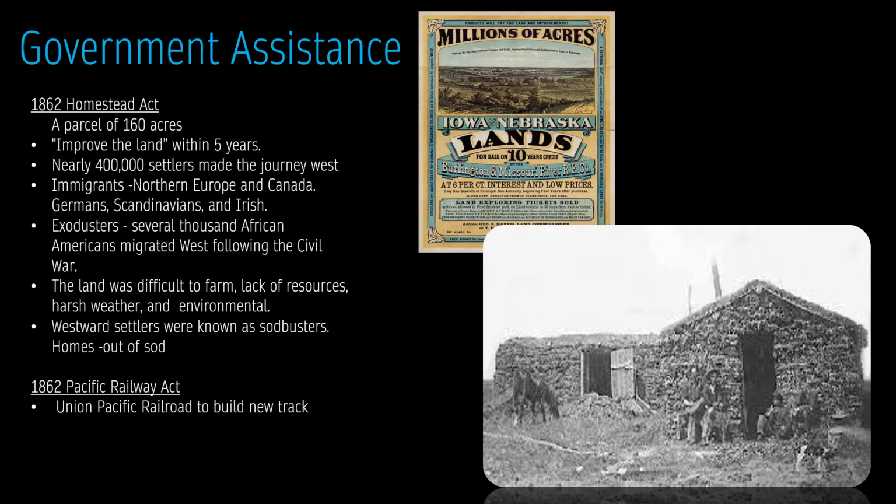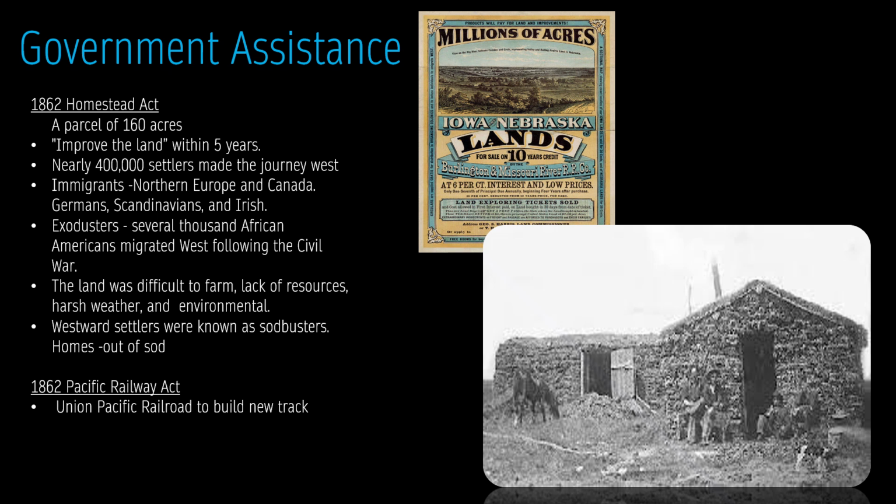So both acts are done by the federal government, and it's seen as a commitment to expansion, especially coming off of the Civil War. So it's laying this foundation for both large-scale settlement and a unifying of the national economy, kind of bringing everybody back together as one.